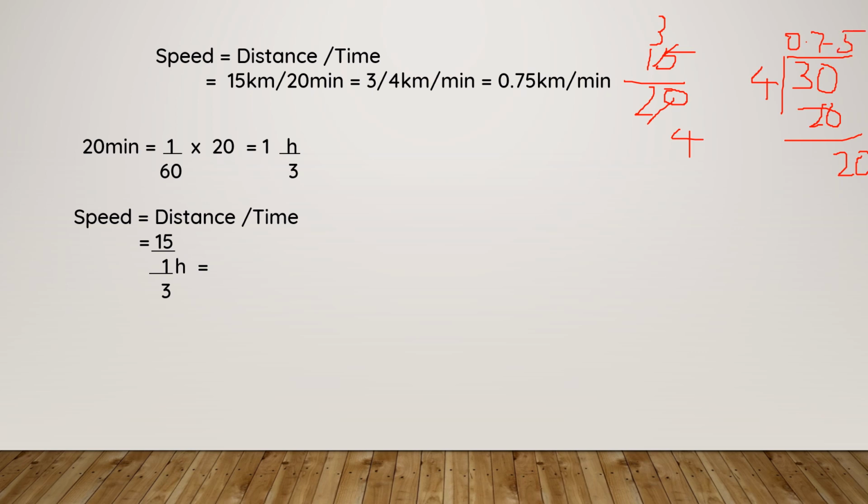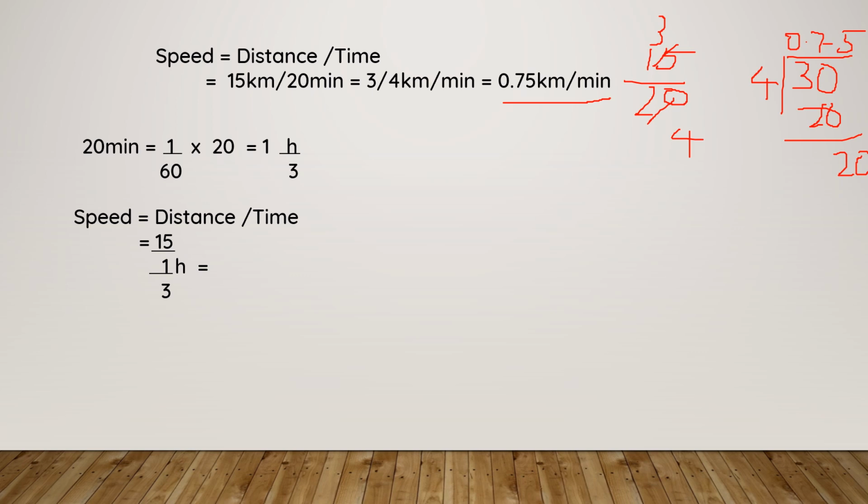So this is the answer, 0.75 kilometer per minute. So this is the answer, but in this question we want to convert this kilometer per minute to kilometer per hour. That also we want to do.